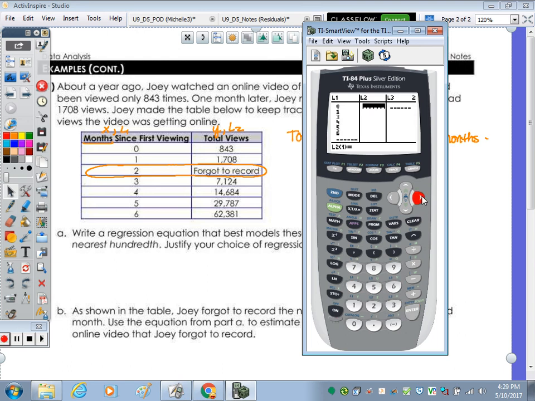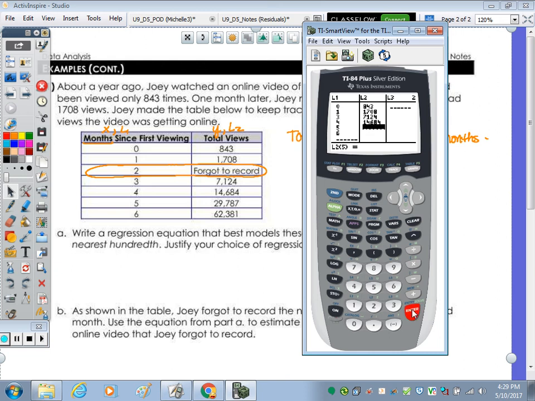So over into the next column, it was 0, 843. 1 is 1,708. 3 was 7,124. 4 is 14,684.